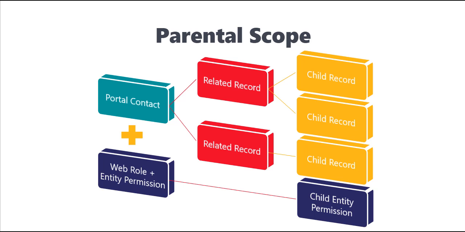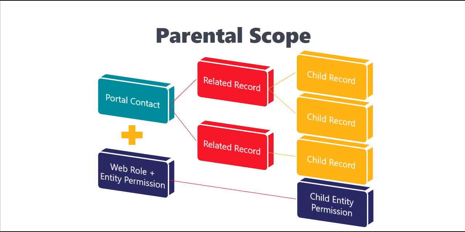And that other entity permission grants access to a certain set of records. For example, we just looked at the fact that you have your John Doe service worker contact, and he had access to related service cases. And what if we wanted to grant access to tasks that are related to those service cases?